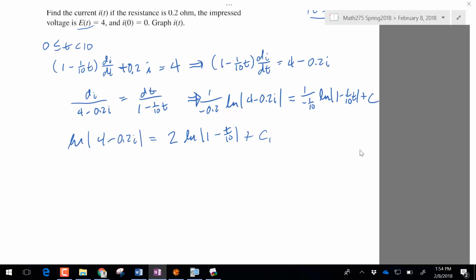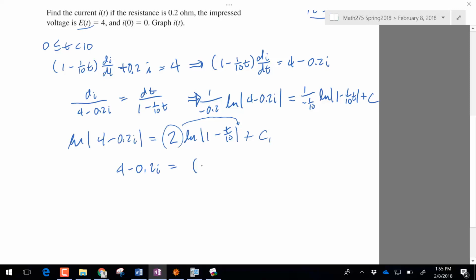And then we'll take the e of both sides. Oh, maybe we'll get rid of this first. Let's put it as a power, so we can look at it as being squared. All right, so this is going to be 1 minus t over 10 squared, and the ln by itself, so that we can take the e of both sides. 4 minus 0.2I is equal to the e of this thing.